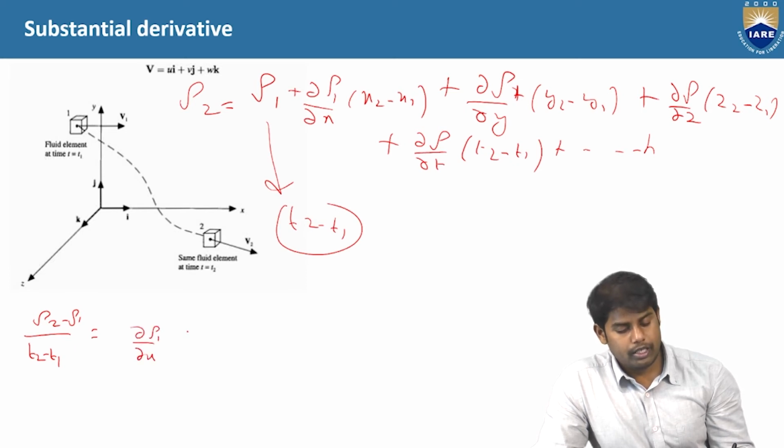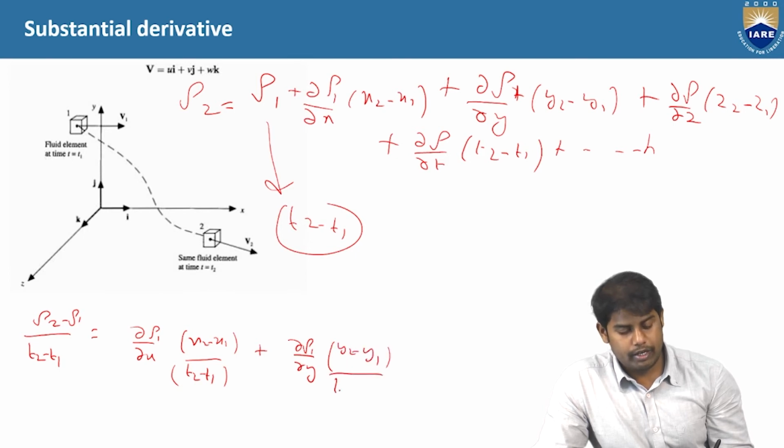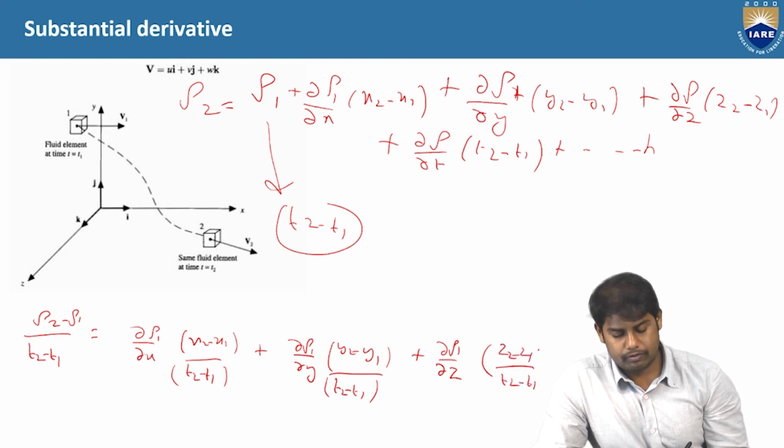So this would be (ρ2 − ρ1) divided by (t2 − t1) is equal to ∂ρ1/∂x into (x2 − x1) divided by (t2 − t1), plus ∂ρ1/∂y into (y2 − y1) divided by (t2 − t1), plus ∂ρ1/∂z into (z2 − z1) divided by (t2 − t1).